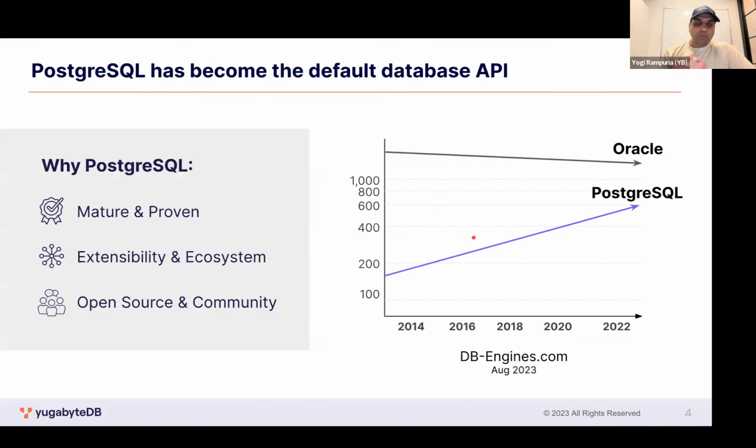Now, what we have seen as a trend the world over is that Postgres is a highly matured ecosystem, and its popularity is only on the up and up. Every vendor, every cloud provider, every database provider is leveraging Postgres or the Postgres API to benefit from the large ecosystem.